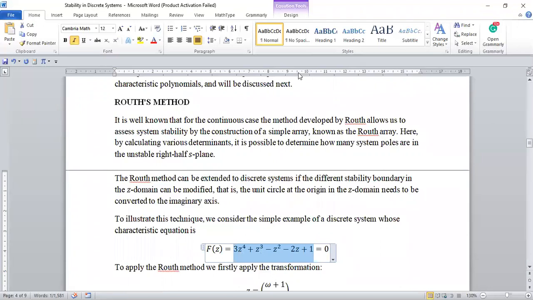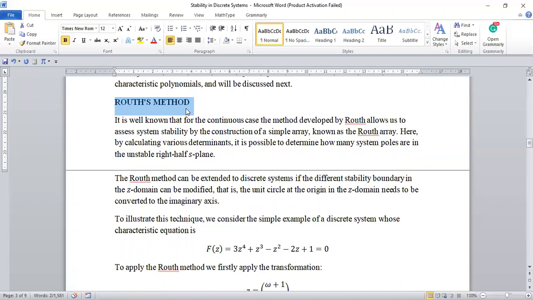Then I'm going to be presenting 3 methods: the Routh method, the Jury's method, and the Raible's method. These are the 3 methods I'll be presenting in order to determine the stability of discrete time systems. Then this Routh method is familiar because when we did 412, continuous time control system, we encountered the Routh stability criterion.